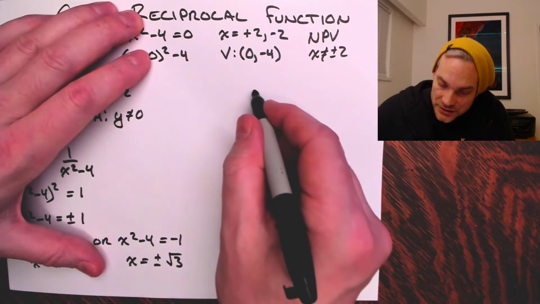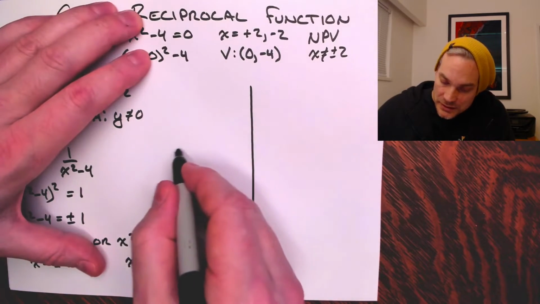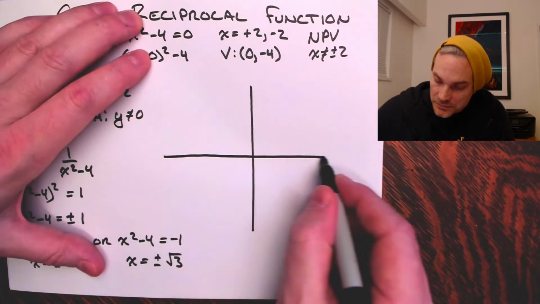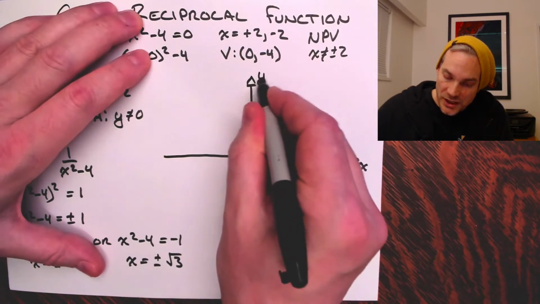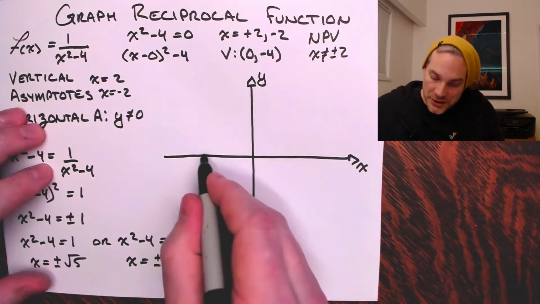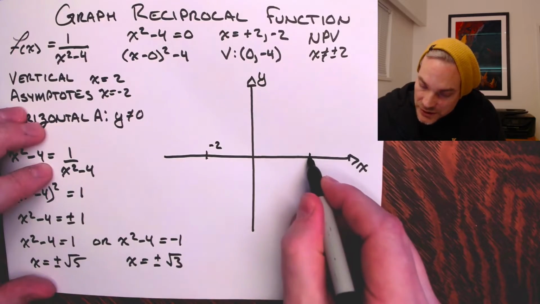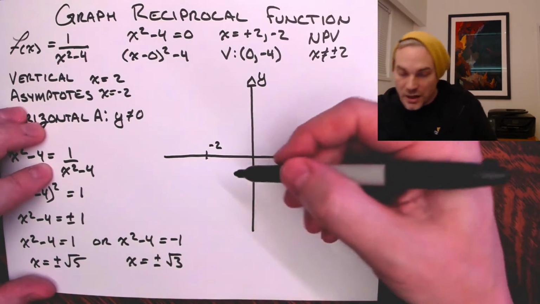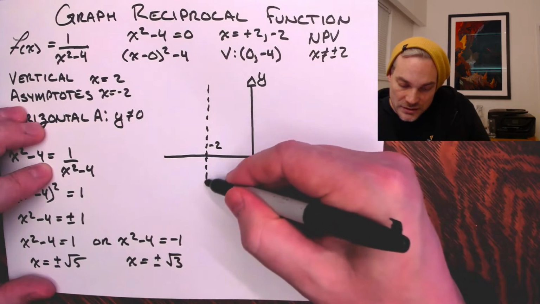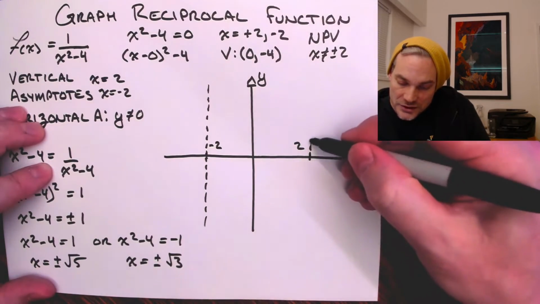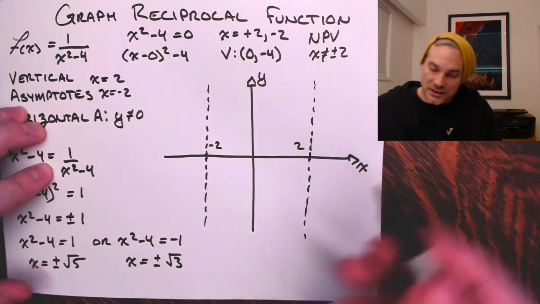Okay, so now we've got a whole bunch of important points and values. So I'm going to do this big graph. This is x and y. Here is negative 2, and here is 2. These are non-permissible values, and these are our vertical asymptotes. Nothing can cross these lines.